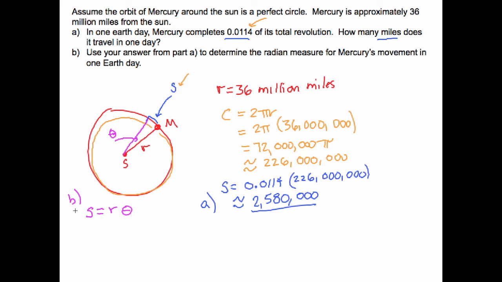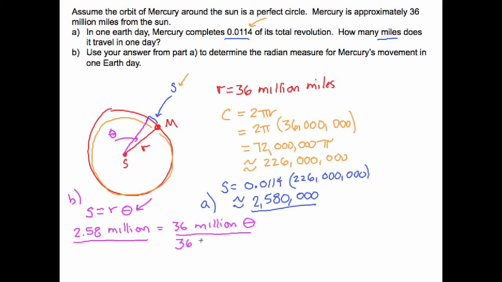To find the radian measure, I'll substitute in for S, the arc length, that distance Mercury traveled, which is 2.58 million. And that's equal to R, and that radius was what? It was 36 million, times theta. And I'll just solve for theta. I'll divide both sides of my equation by what?